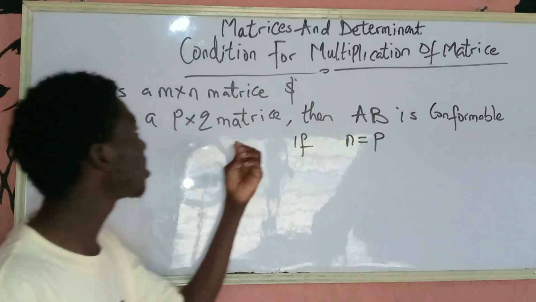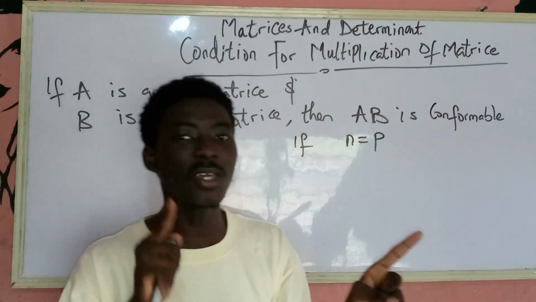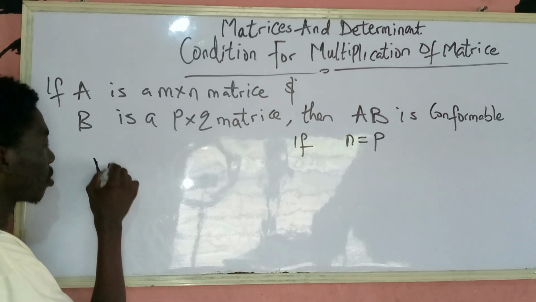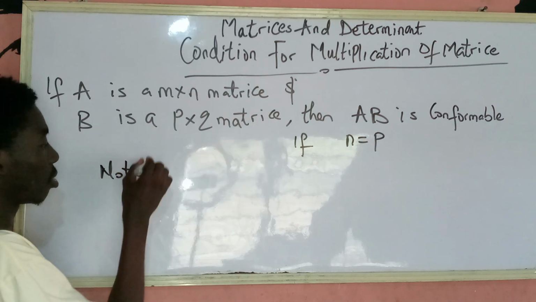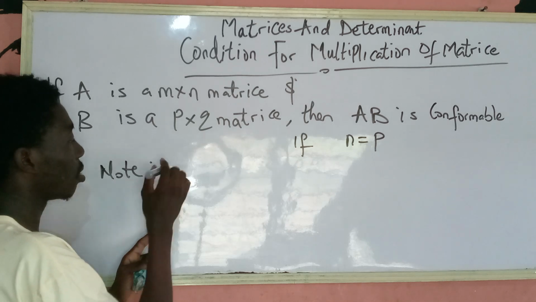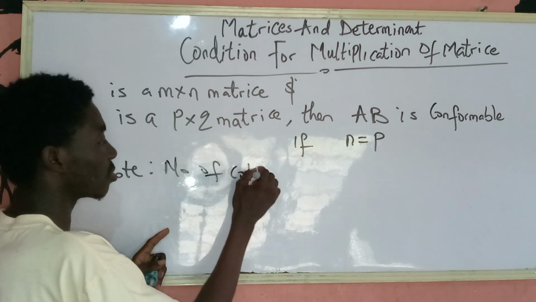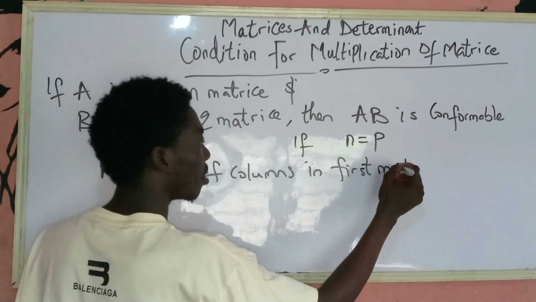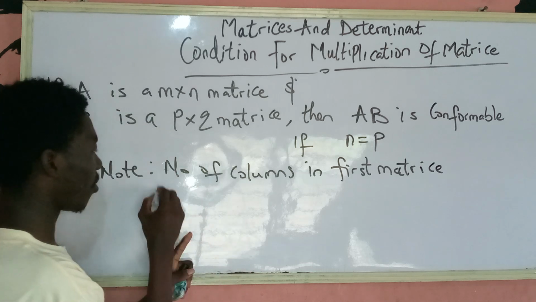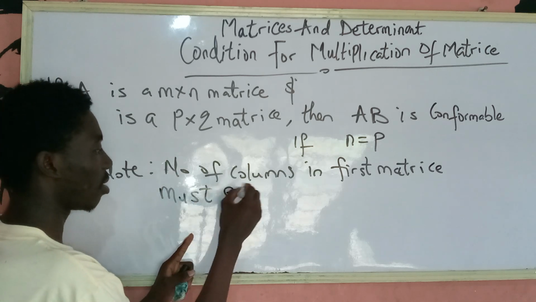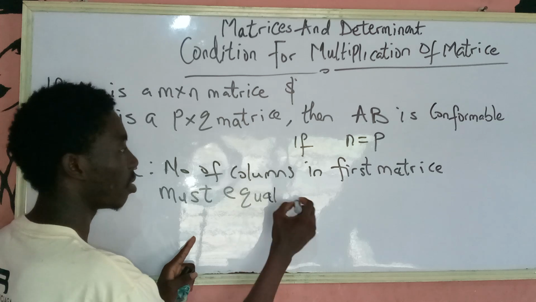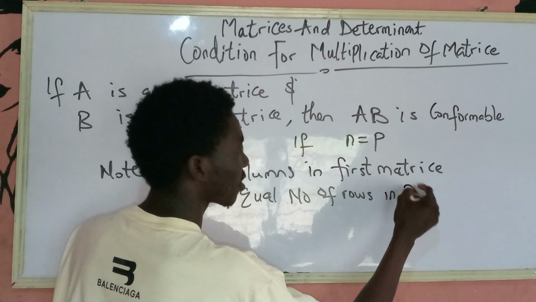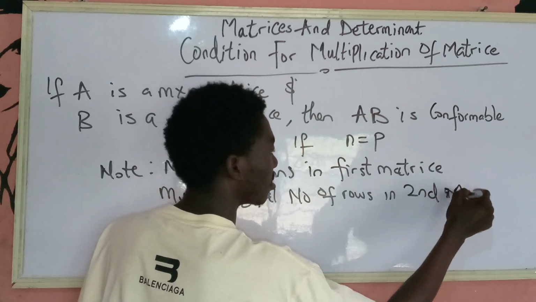And what does that mean? That also means the number of columns in the first matrix must equal the number of rows in the second matrix. Let me write it. So note, number of columns in first matrix must equal number of rows in second matrix.